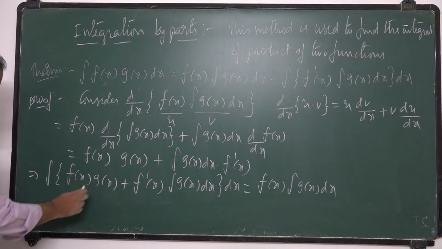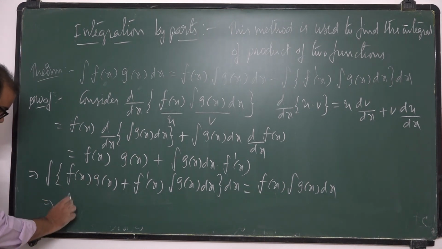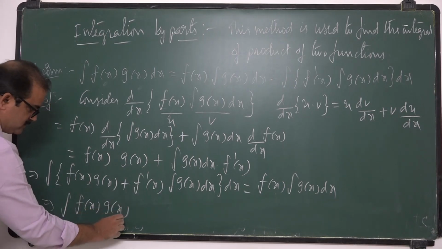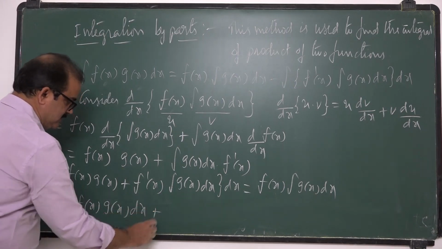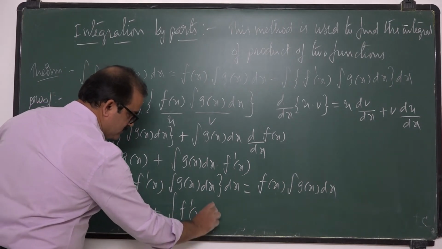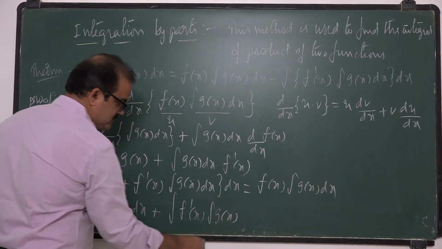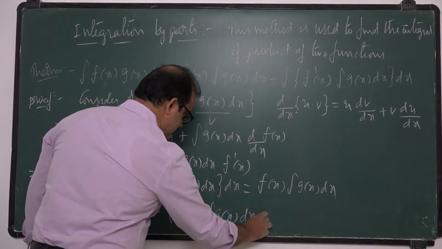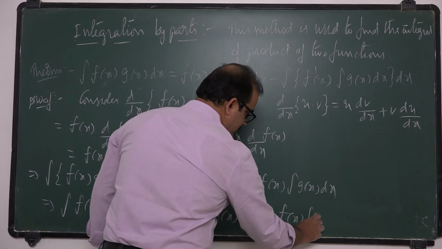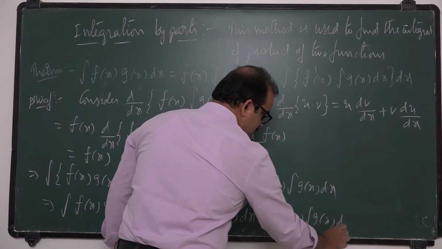Now take this integration into bracket. Integral of f of x into g of x into dx plus integral of f dash x into integral g of x into dx is equal to f of x into integral g of x into dx.